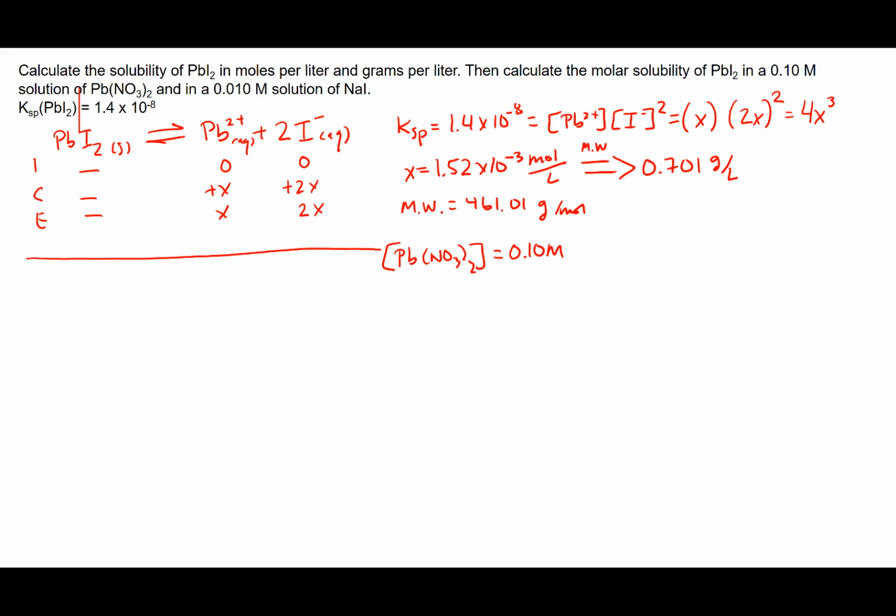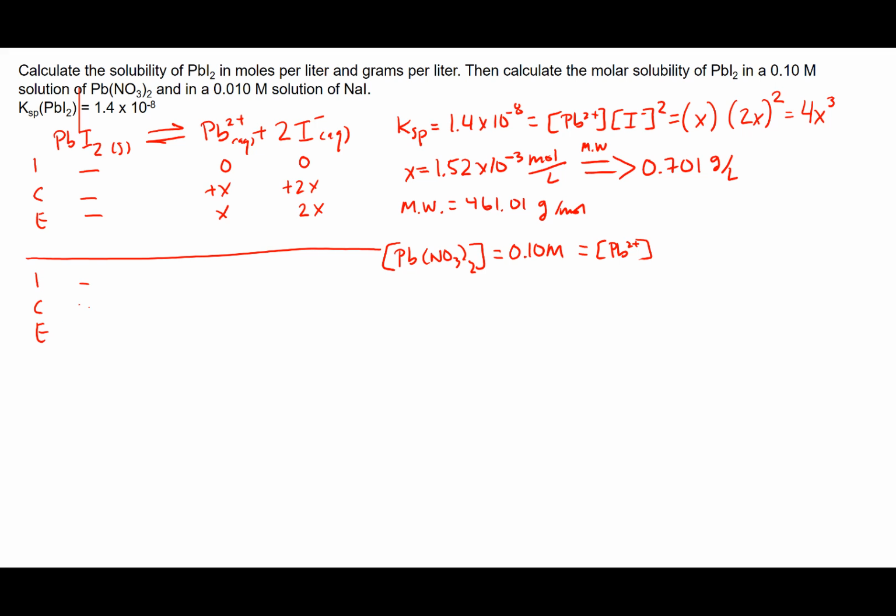If that breaks down, you end up with 0.10 moles of lead 2 plus, and that's going to be our starting condition for the lead 2 plus when we're trying to dissolve our lead iodide.